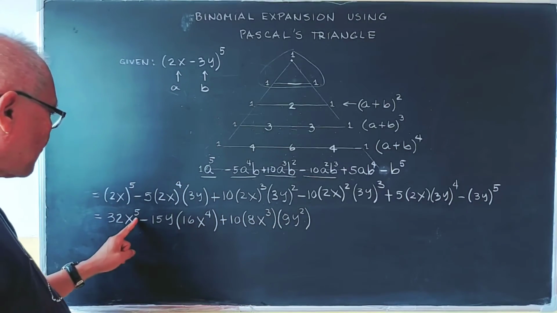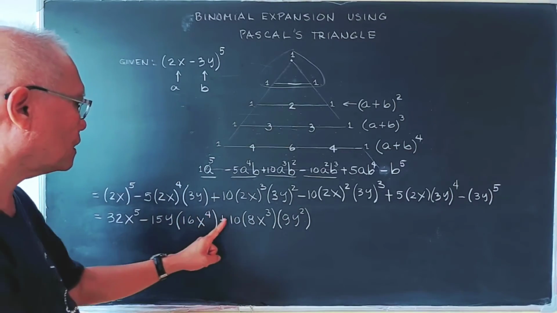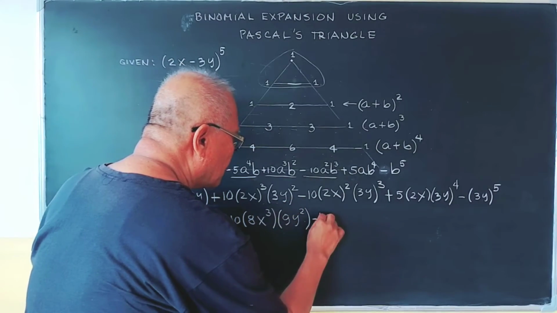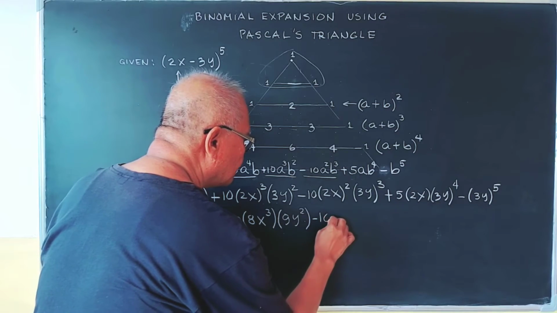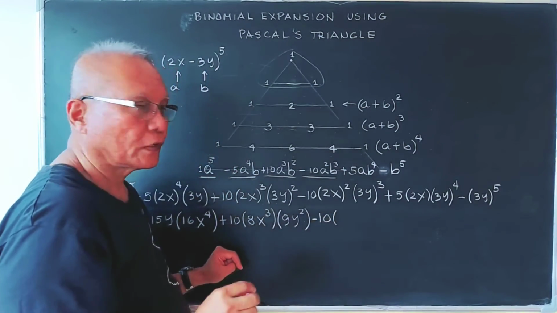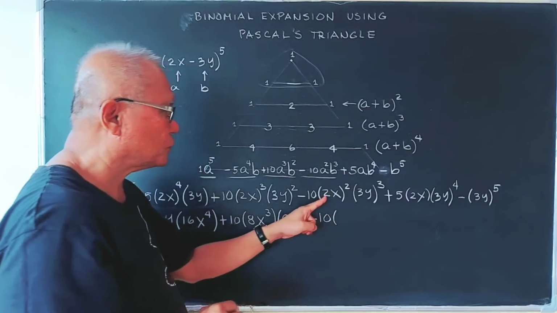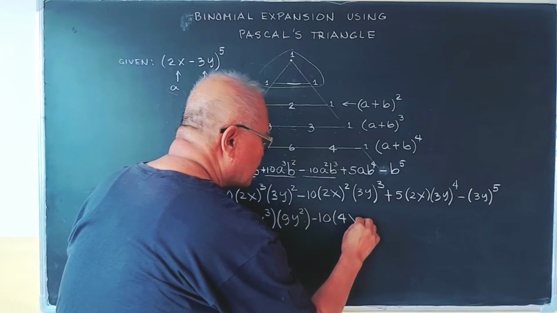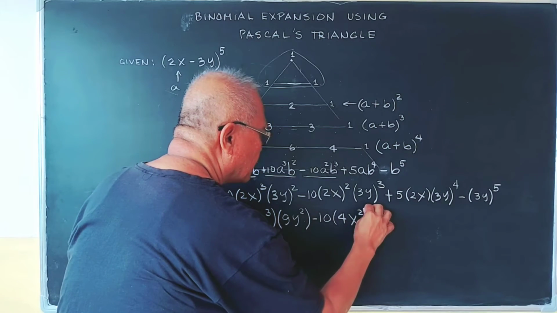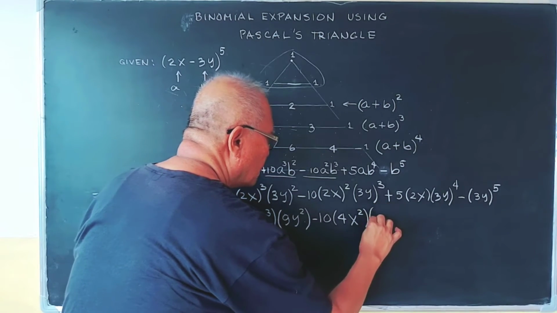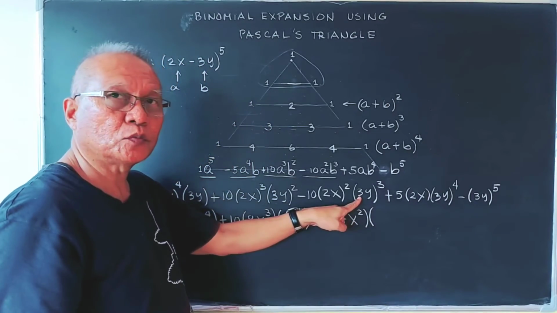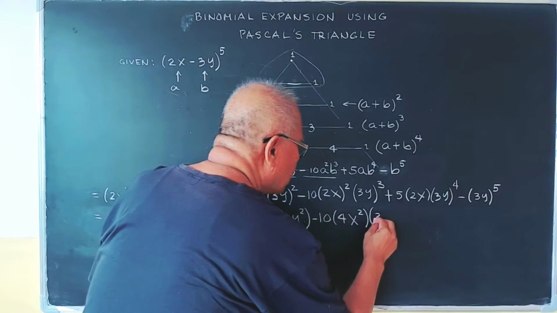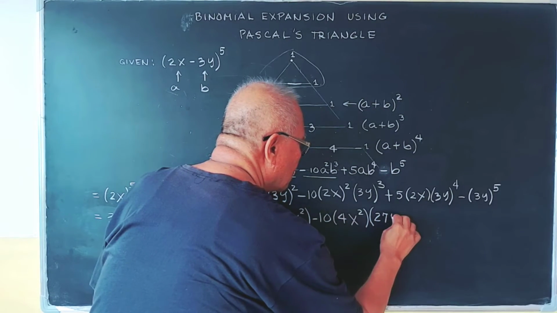Okay, check 5, 1 plus 4, 5, 3 plus 2, 5, minus, so we have minus 10 here, 2x to the 2nd. 2 times 2 is 4, x times x is squared. And this one, 3 cubed, 3 times 3 is 9, times 3 is 27y cubed.